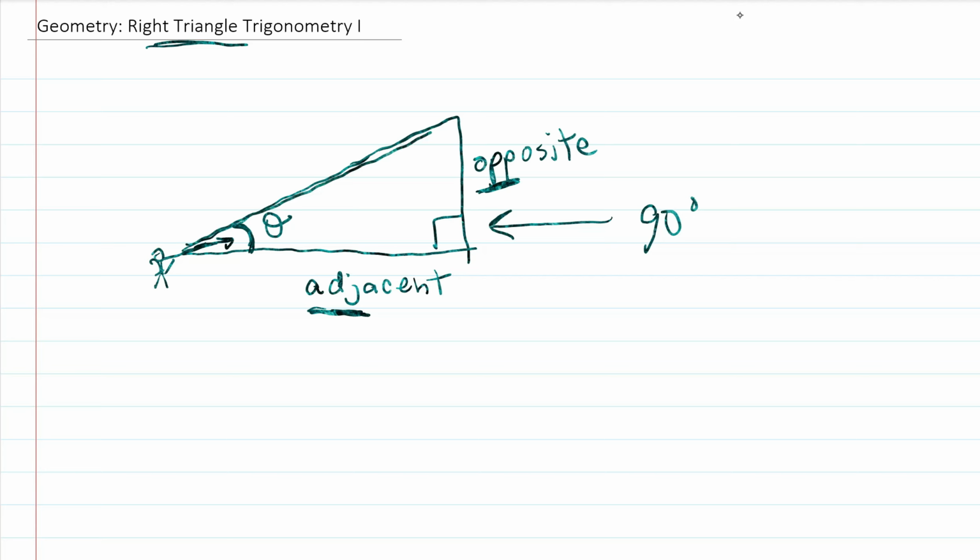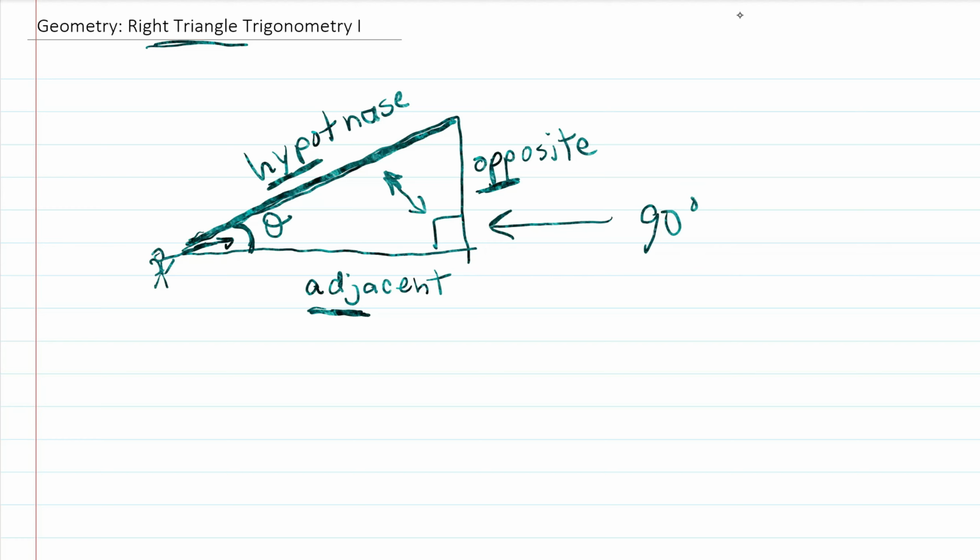And then this side right here, the side that's always opposite of the 90-degree angle, is the longest side of any right triangle, always. That's known as the hypotenuse, and sometimes they just use HYP for hypotenuse.